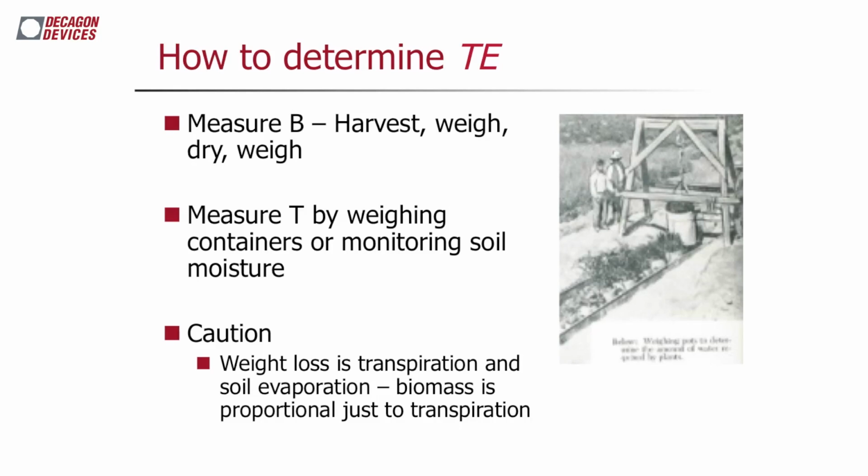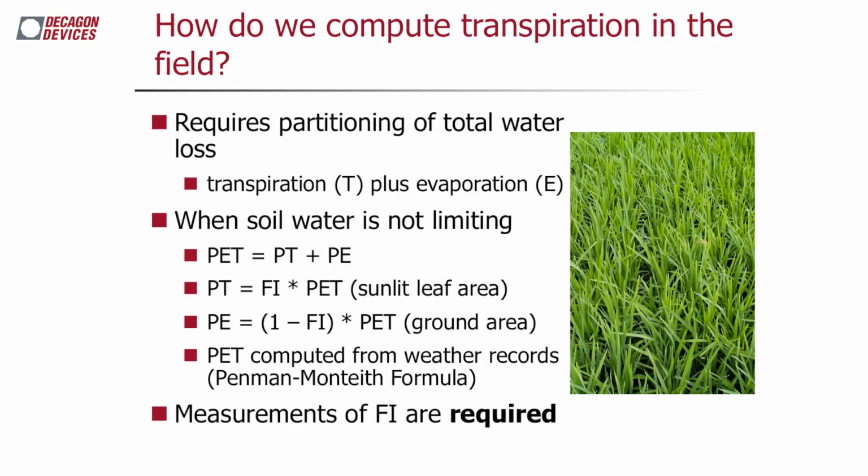I did mention that partition a little earlier. We can do that, but it really goes back to a question of this well-watered crop, or doing some math and analysis beyond this, because what we could do to partition this would be to use a model like the Penman-Monteith to get our potential evapotranspiration, meaning the evapotranspiration in a well-watered crop, then split those two things, where our potential transpiration is the fraction of interception times the PET, and our potential evaporation is just 1 minus the fractional interception times the PET value.